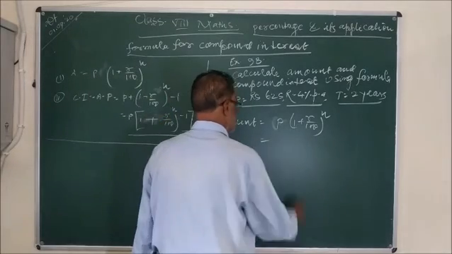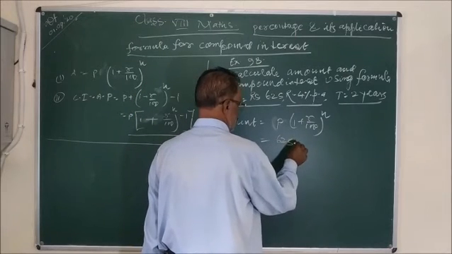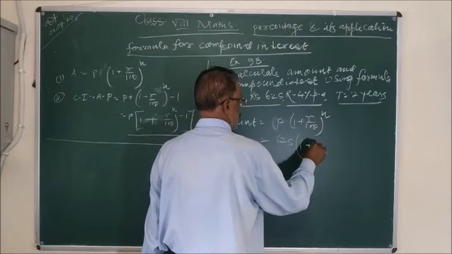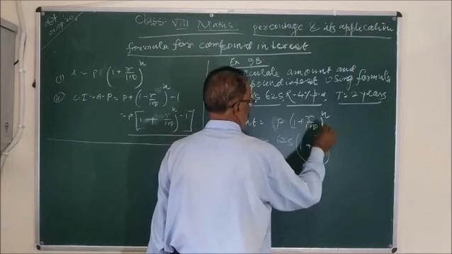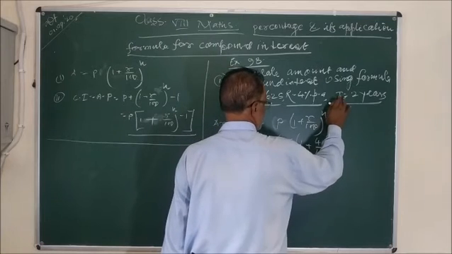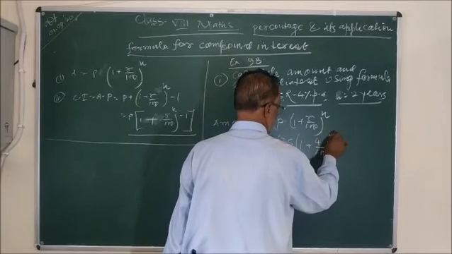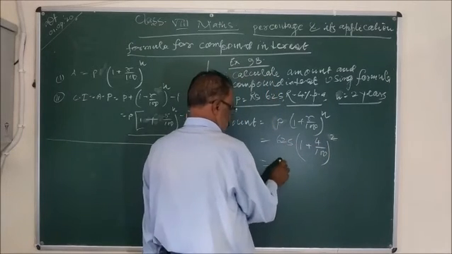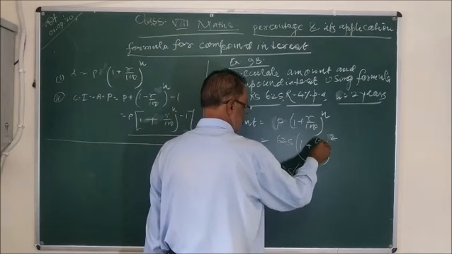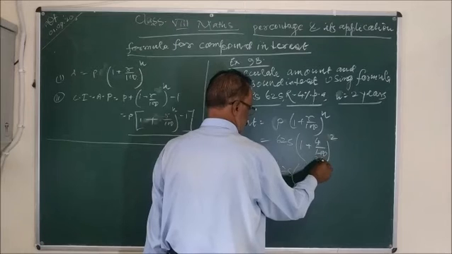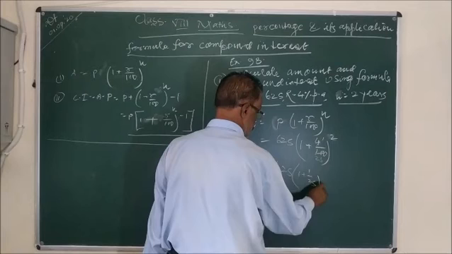Now put in the values as given: 625, 1 plus R is 4 by 100, and n, the number of periods, that is time. We can also write n is equal to 2. Now you have to simplify. You can cancel it: 4 by 100 is 1 by 25. So this will be 625 times 1 plus 1 by 25, power 2.